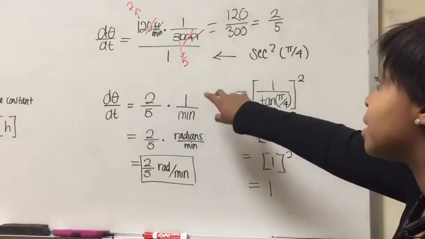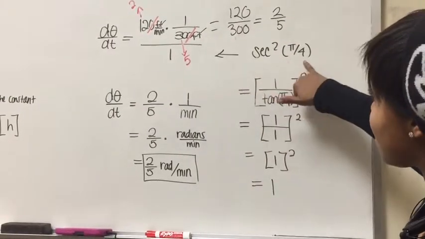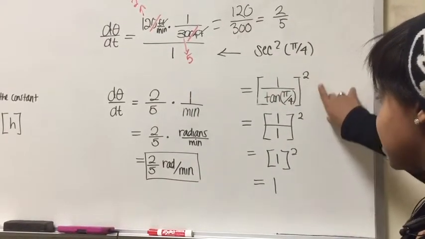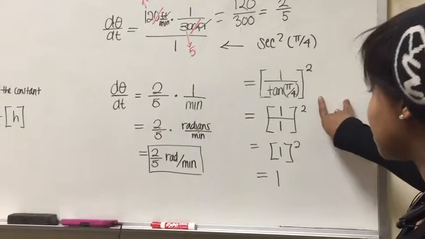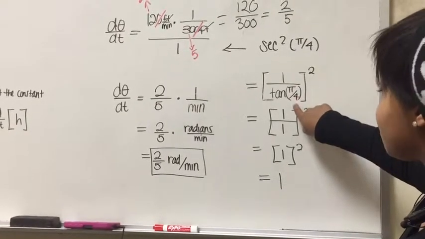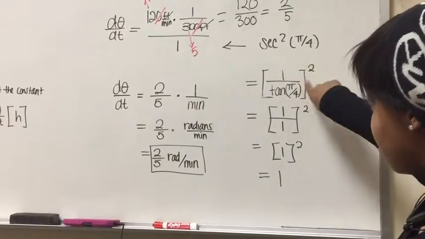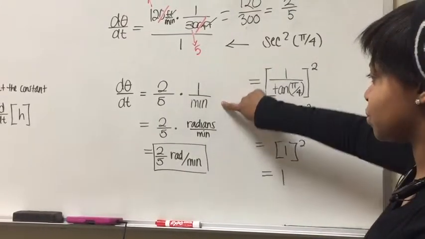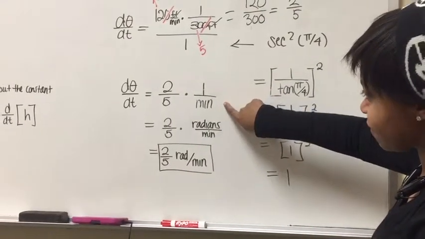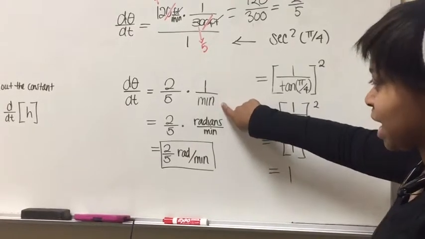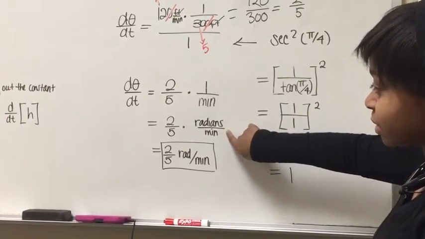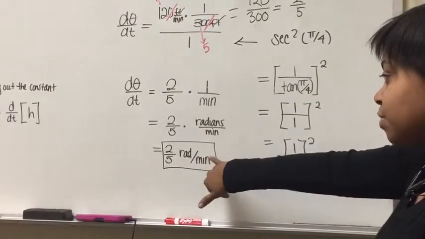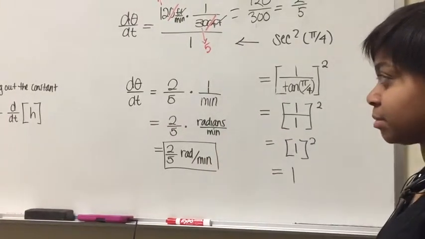In the denominator, we simplify secant squared of pi over 4, knowing that secant is also equal to 1 over cosine. We plug in pi over 4 and square the whole thing, and we end up with 1. This leads to 2 over 5 times 1 over the minute. Because we're dealing with an angle, we use radians, and we end up with 2 over 5 radians per minute as our final answer.